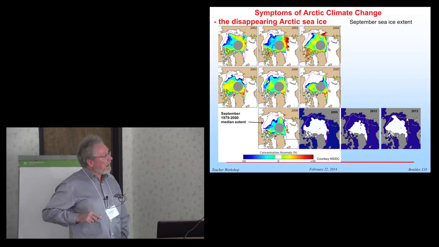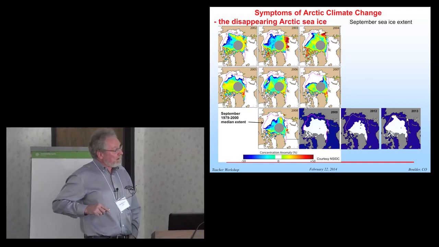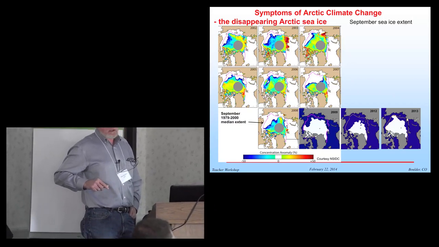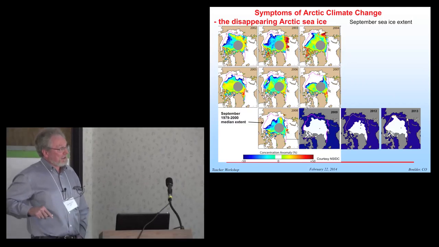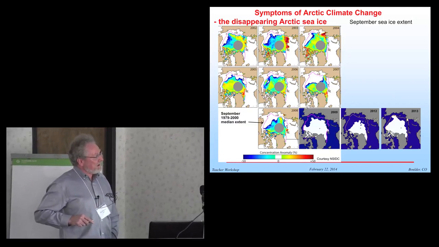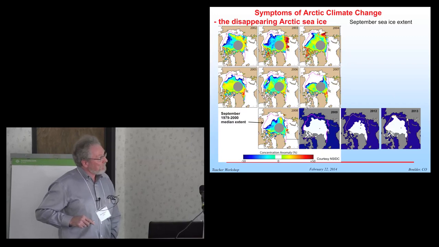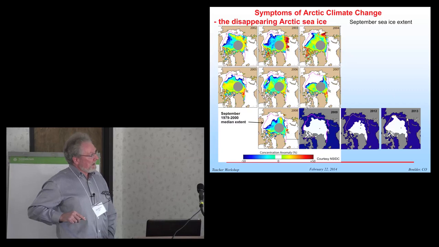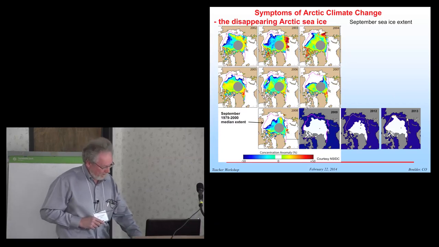But there's clearly variability for each year, 2007 being a very low year, 2012 being slightly even lower, and other years that had not nearly as much of a meltback. One of the things to note is that much of the meltback is occurring in the Siberian seas and the Beaufort and Chukchi Sea regions north of Alaska and the Bering Strait, while a lot less over on the Atlantic side.